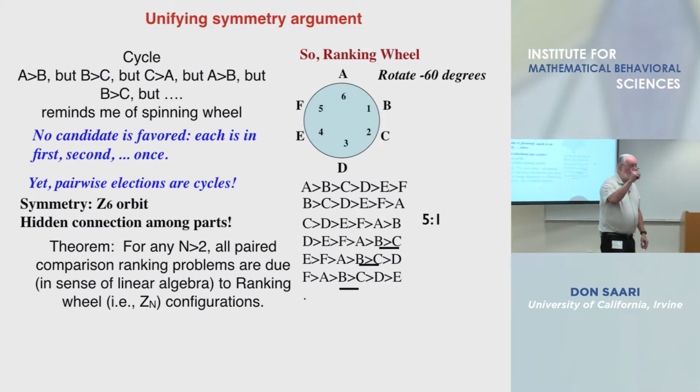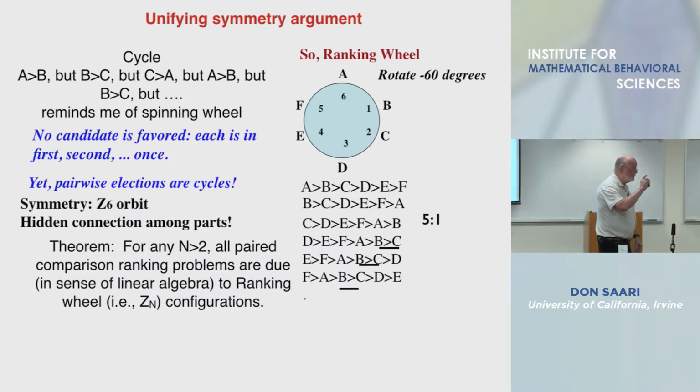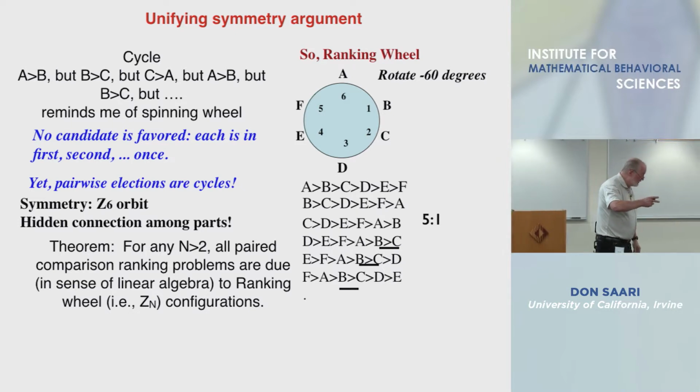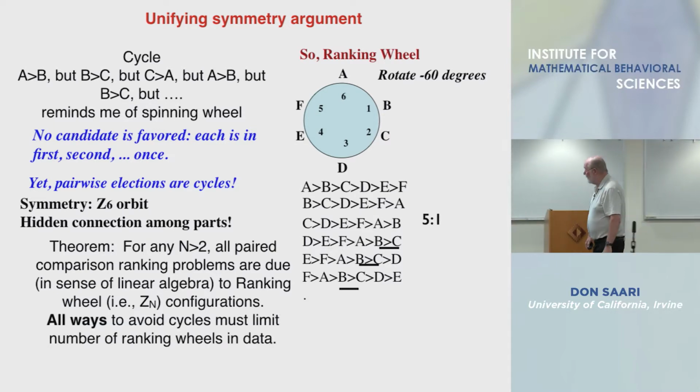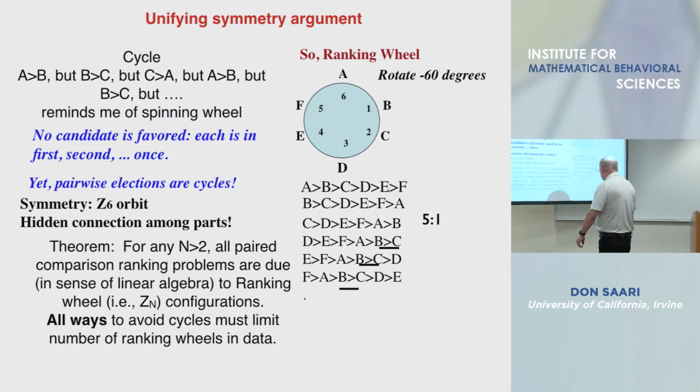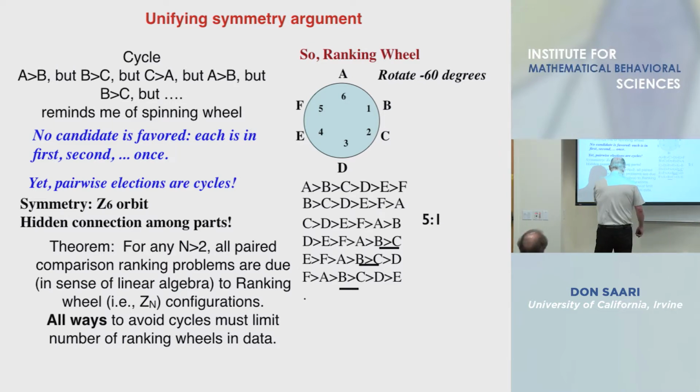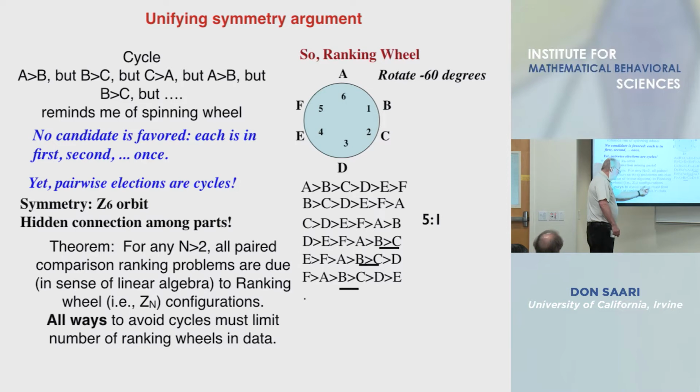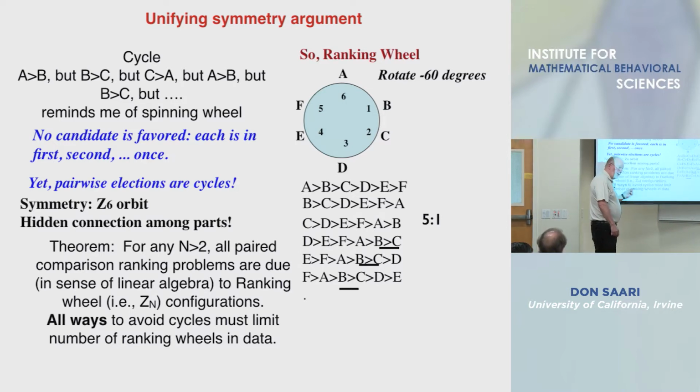That means if you want to create an example where you have a cycle or a path dependency or something, use one of these or part of it. And in fact, it says that all possible ways, even more, not only can I use that to construct examples, but all ways to avoid cycles must limit the number of ranking wheels that are in the data. And I'll illustrate this in a second.